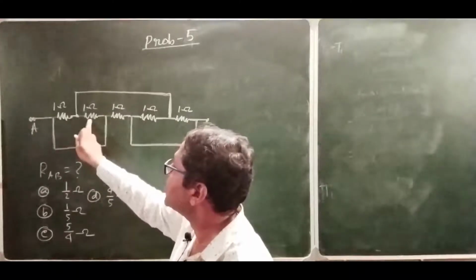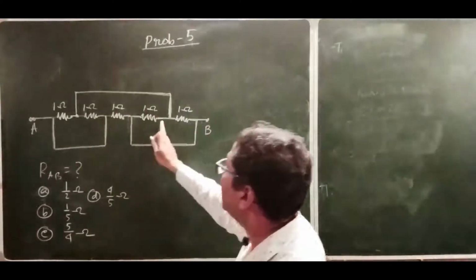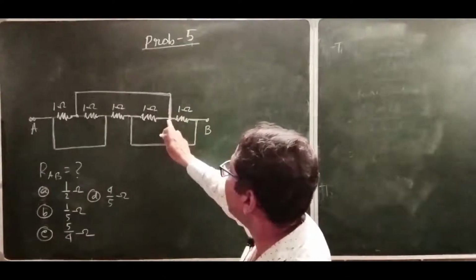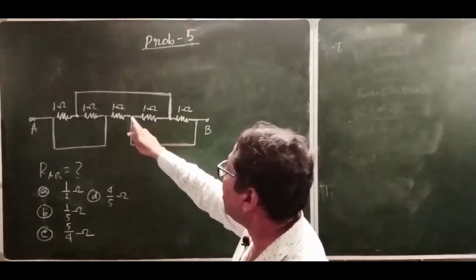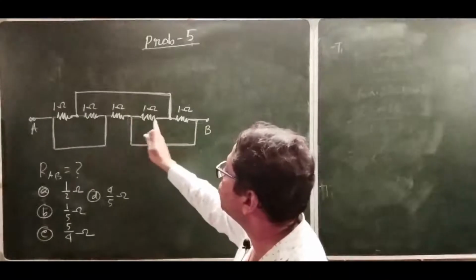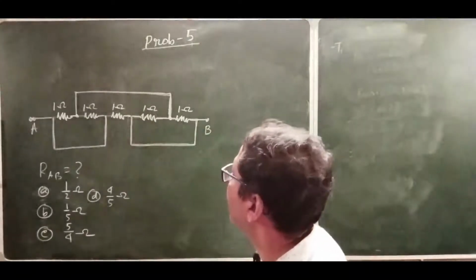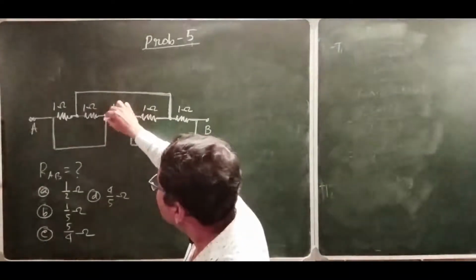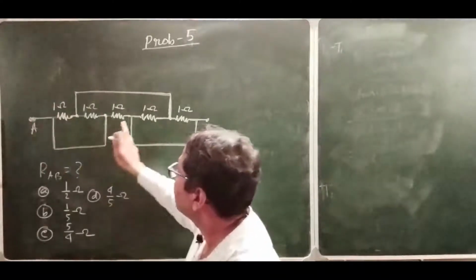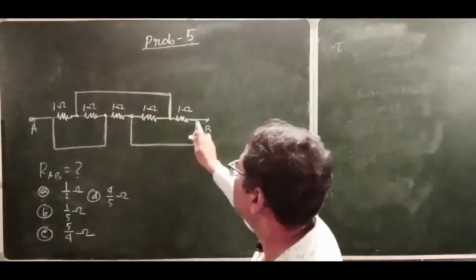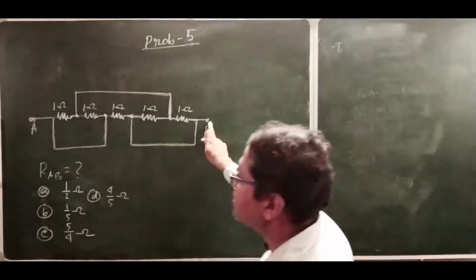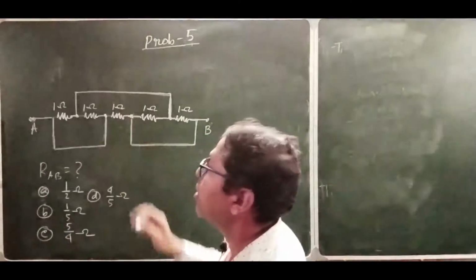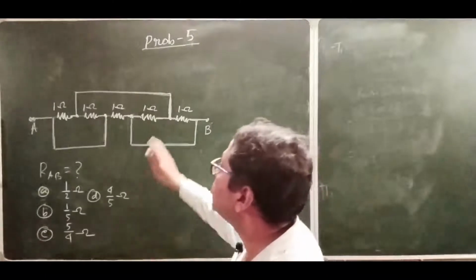That means these 2 resistances are in parallel. Similarly, these 2 resistances are also in parallel because this point is connected to one end of these 2, the other 2 ends are connected together. And this middle one, this end is connected to this point A, this terminal is connected to this point B. That means this middle one of 1 ohm is also connected in parallel with these 2 sections.